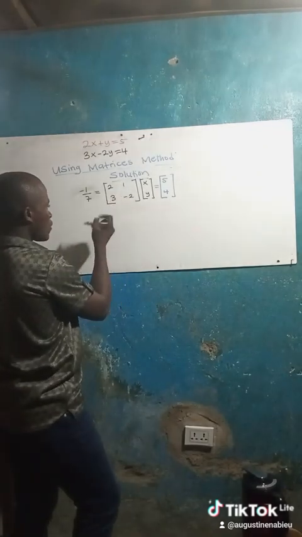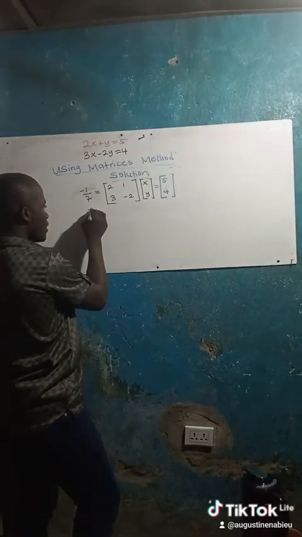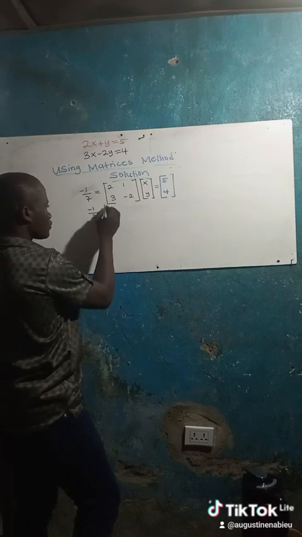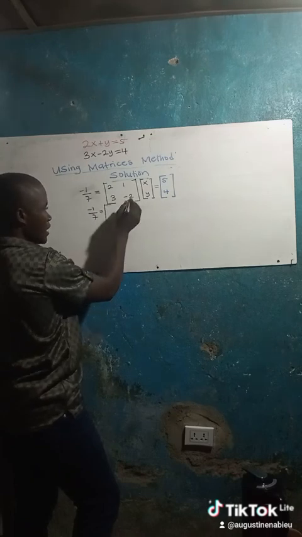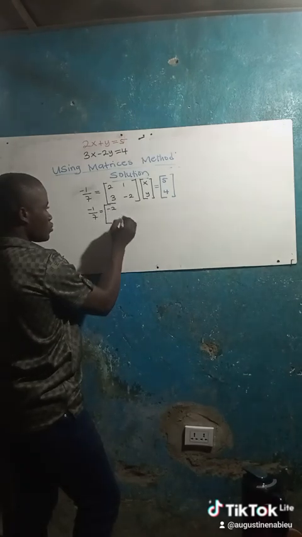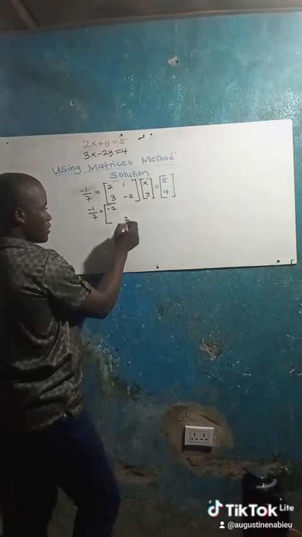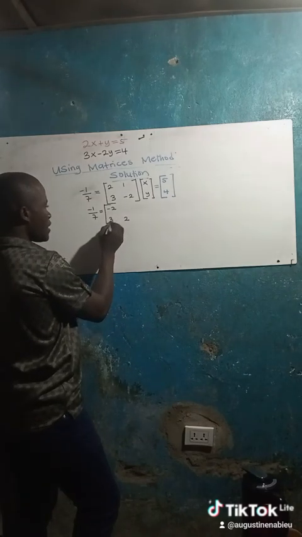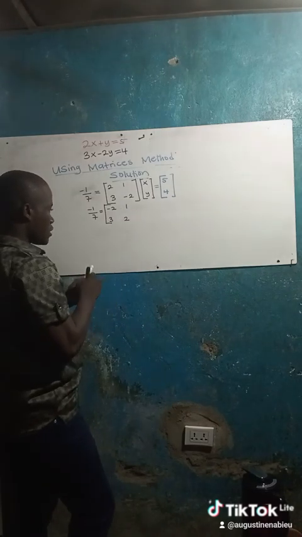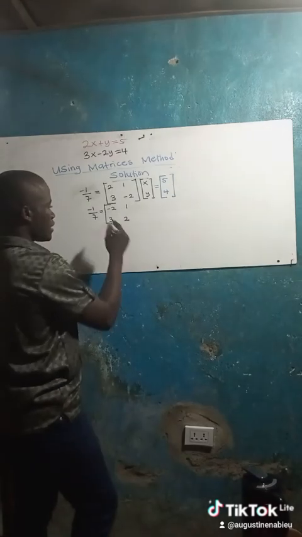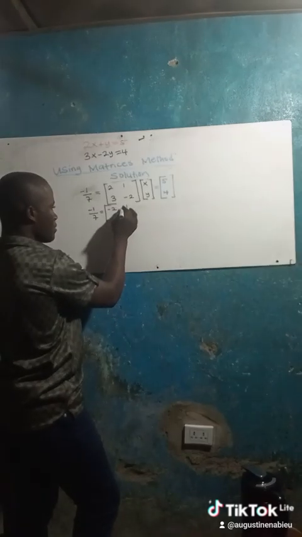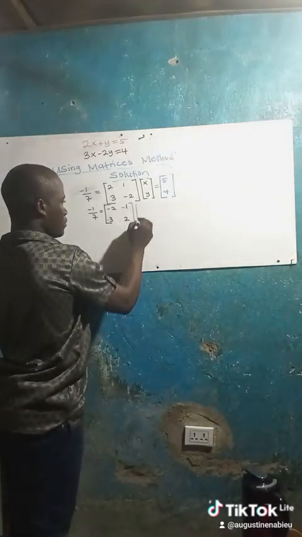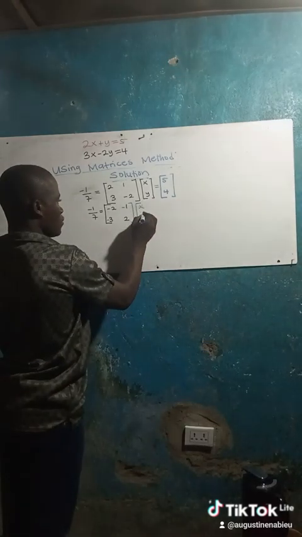Watch. Minus 1 over 7 is equal to minus 2 up, plus 2 down, then minus 3 and minus 1, times x, y.